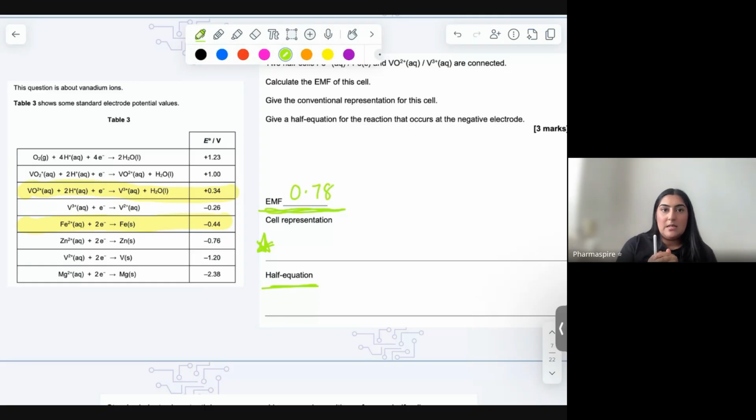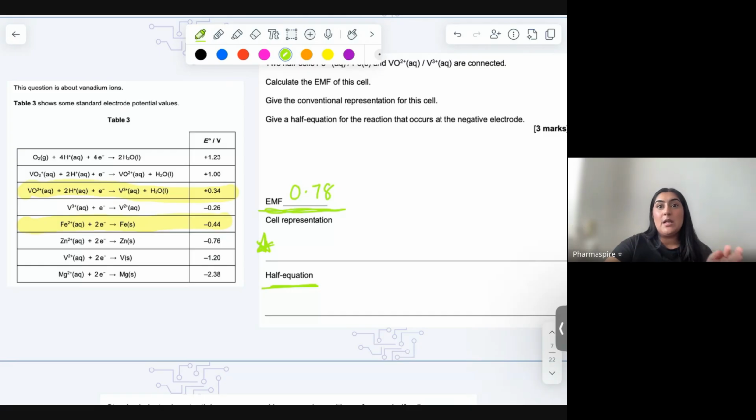Right, cell representation. Remember I taught you oxidation is always on the left. So which one am I going to start off with? Which equation do you start off with? Fe. So when my cell representation, I'm going to start off with my Fe.